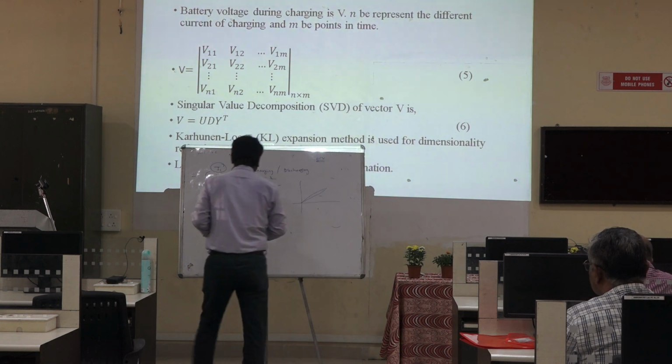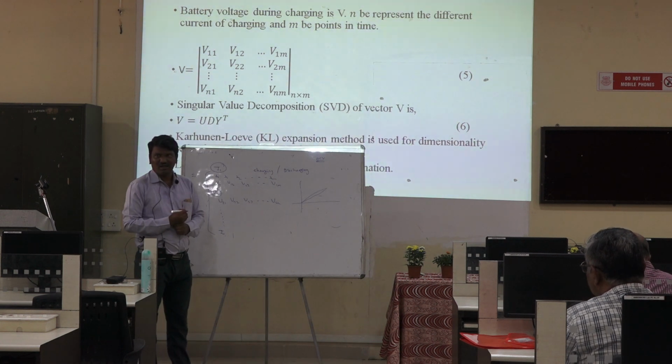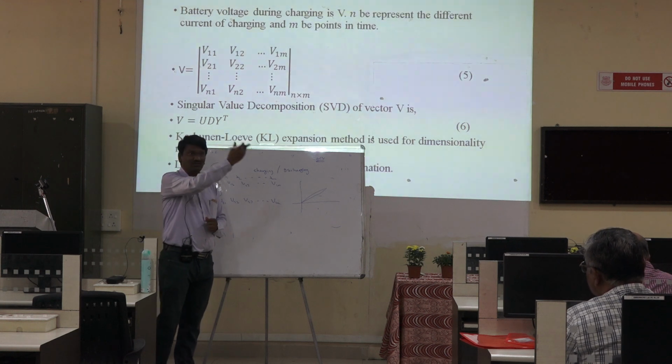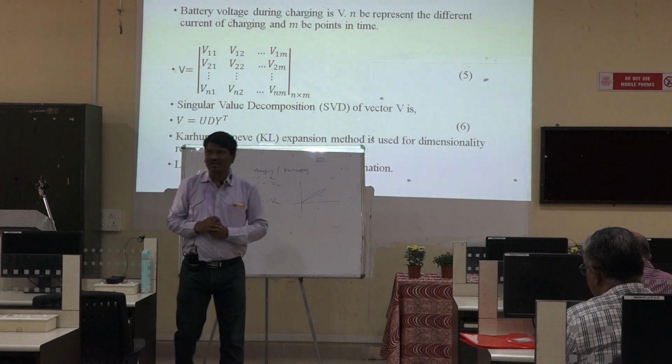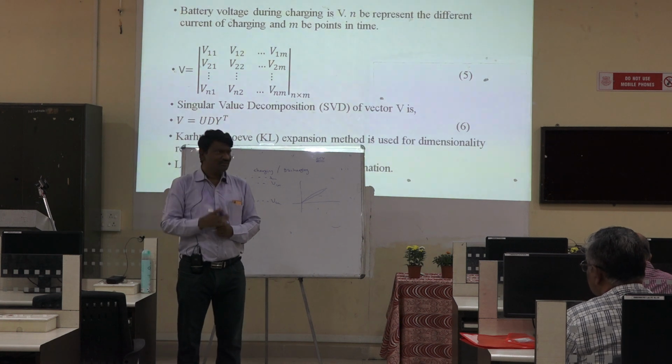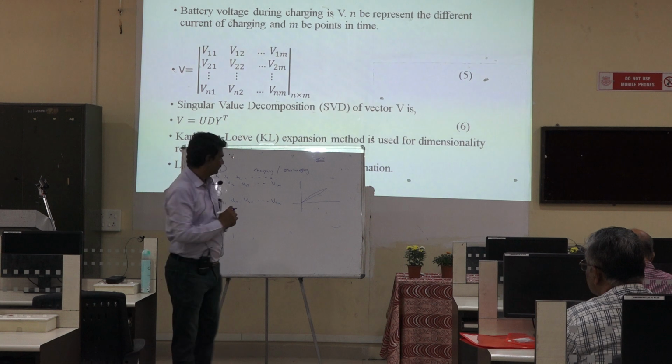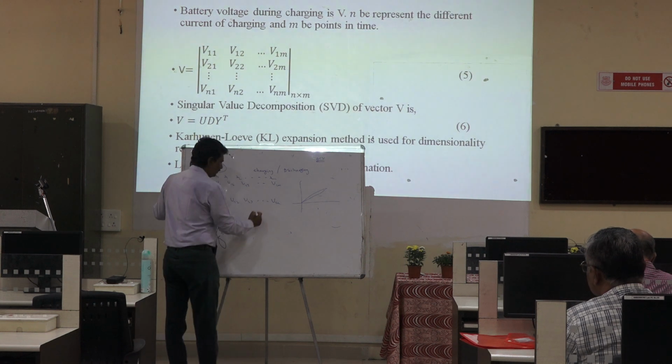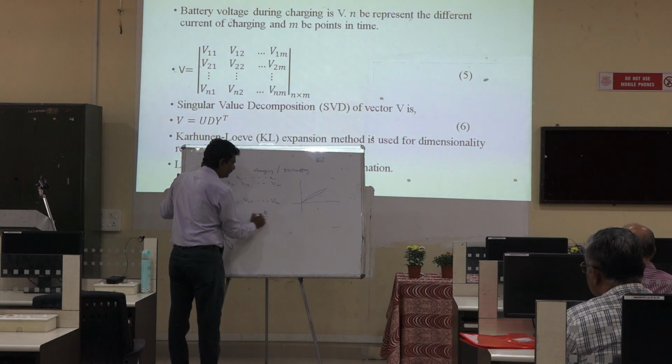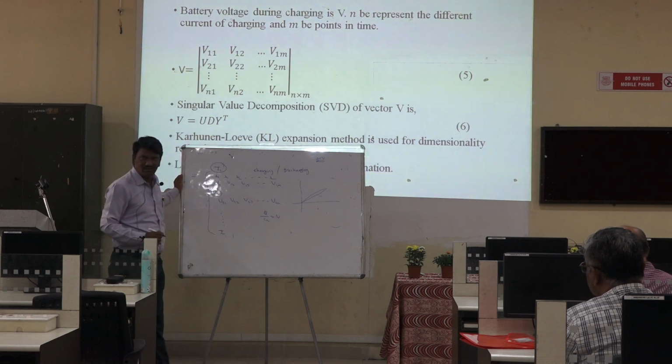Now integration of I dt, as I already said, comes to the V. Integration of I dt upon Cm comes to the voltage V. You can resemble a very simple model: Q by Cm is V. Already we have learned this.